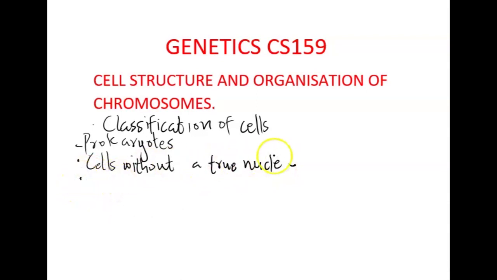Another one is that examples of prokaryotic cells are bacteria and blue-green algae, and they are generally small in size. So the keywords are: without a true nucleus, and generally small in size.